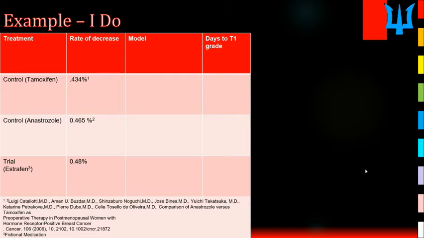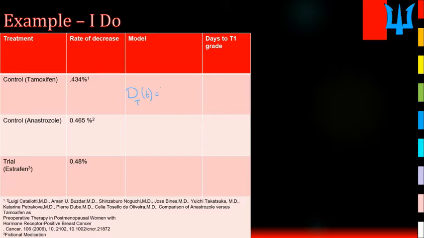The first example we have here is the tamoxifen. I'm going to call that D sub T for tamoxifen. So the diameter of tamoxifen at time t equals, we're going to start with our initial diameter. Remember, our first diameter for all of these tumors is about 3 centimeters.